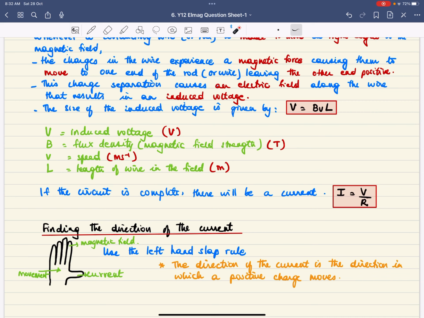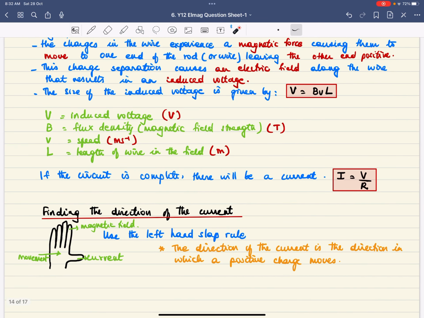The left-hand slap rule has the thumb as the direction of the current, the fingers point in the direction of the field, and the direction of the slap indicates your movement. You point the thumb in the direction of the current, which is the direction in which a positive charge moves. This is the conventional current.